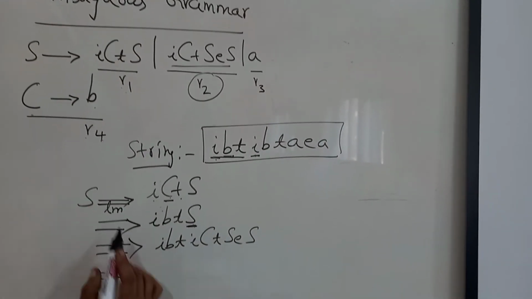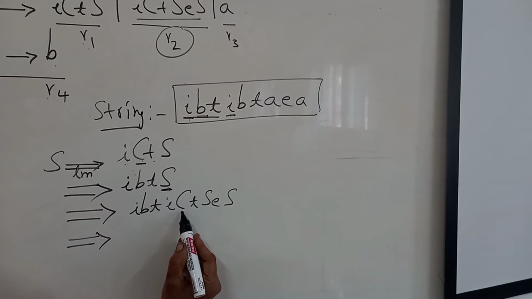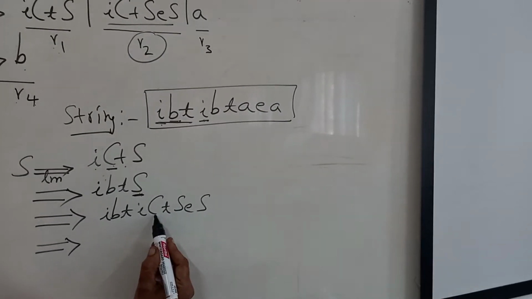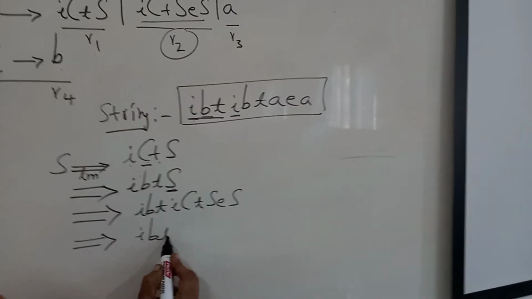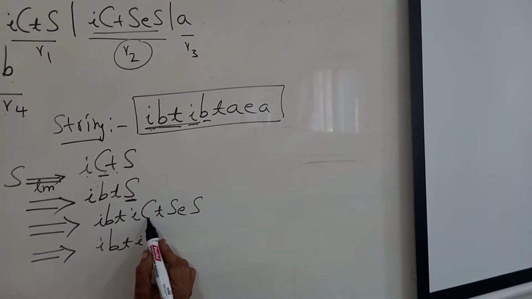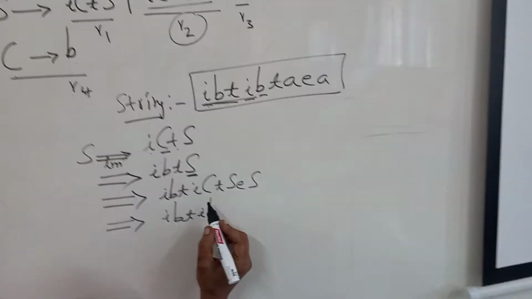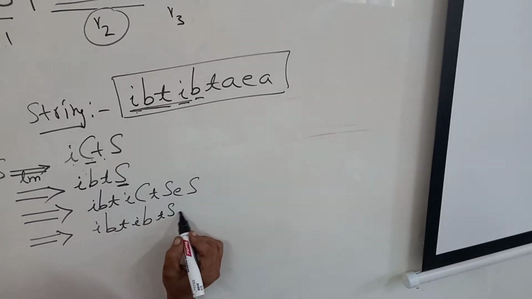Next, we are applying the leftmost derivation. You know that in the leftmost derivation we need to replace the leftmost non-terminal. So here C is there, and in the string after ibti, b is next. So I replace this non-terminal with b by applying rule 4, and the remaining is retained as it is.